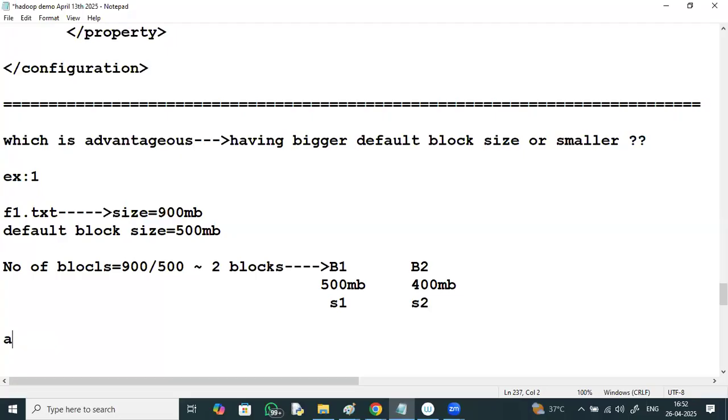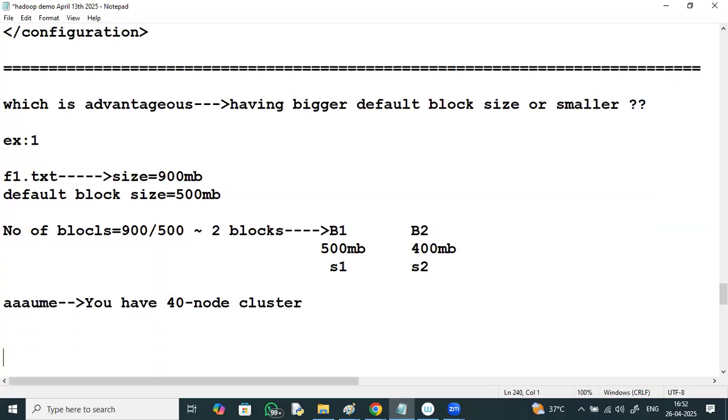Assume you have a 40 node cluster, but only 2 nodes are running.